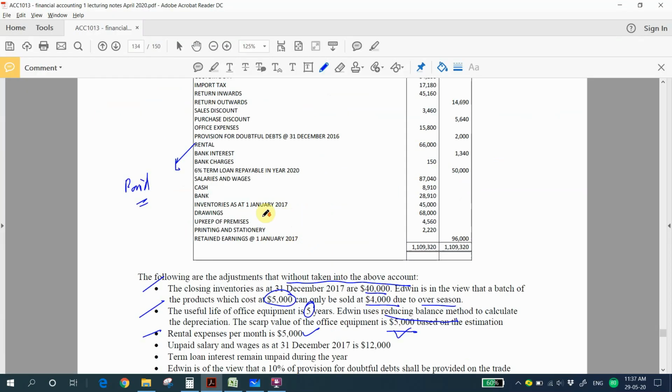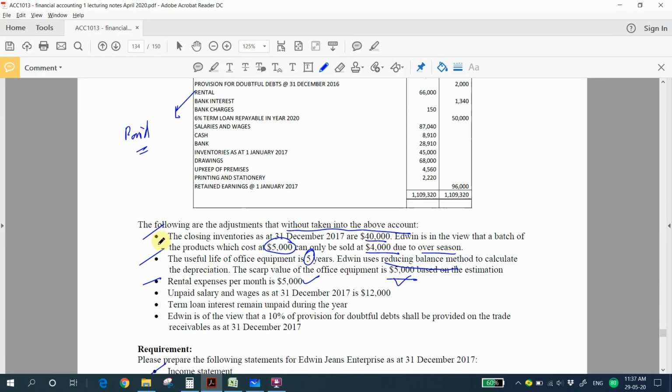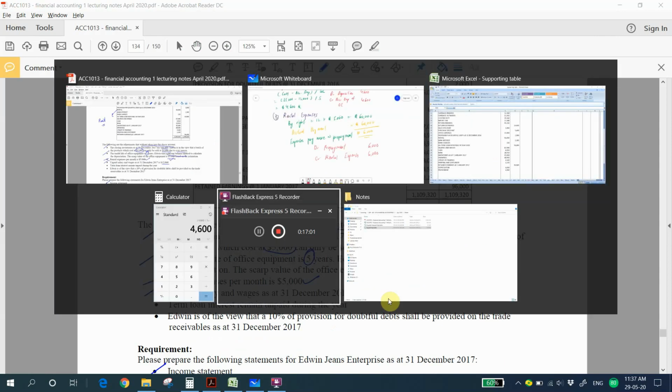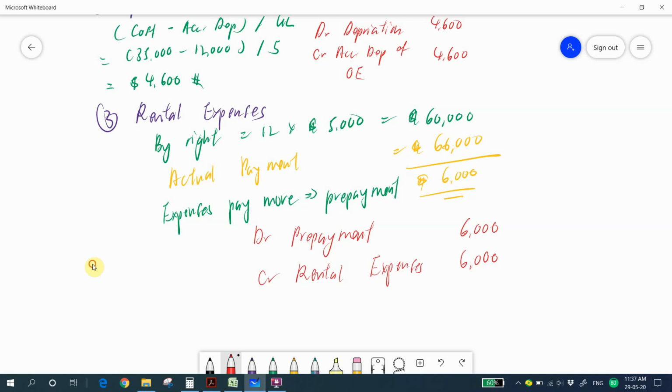Next, the next adjustment is unpaid salary and wages as at 31st December 2017, 12,000. So unpaid salary and wages.